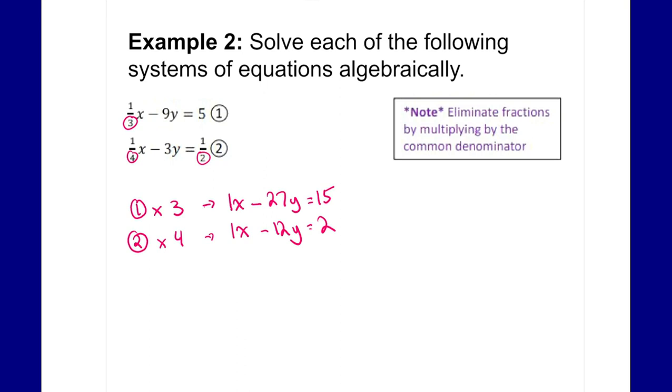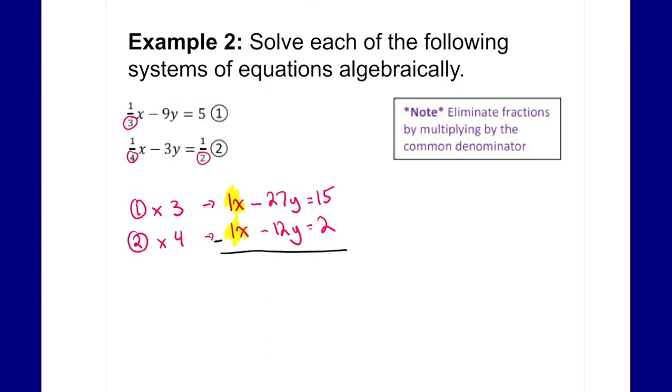What I can do now is I can eliminate, right? Because looking at this, I have the same coefficient in front of the x's. So I can eliminate the x's or solve this linear system by elimination. So I'm going to subtract these two, and because they're the same signs, I'm going to subtract.